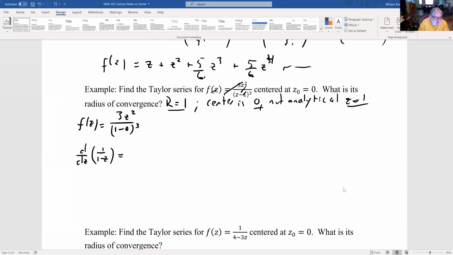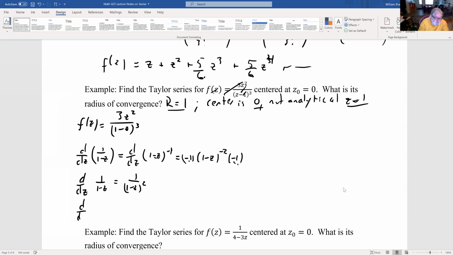You differentiate that. This is 1 minus z to the minus 1. So what's the derivative? It's minus 1 times 1 minus z to the minus 2 times minus 1, right? So this minus 1 comes from differentiating the power. That's where the minus 2 is. This minus 1 comes from the chain rule. So the derivative of 1 over 1 minus z is 1 over 1 minus z squared.